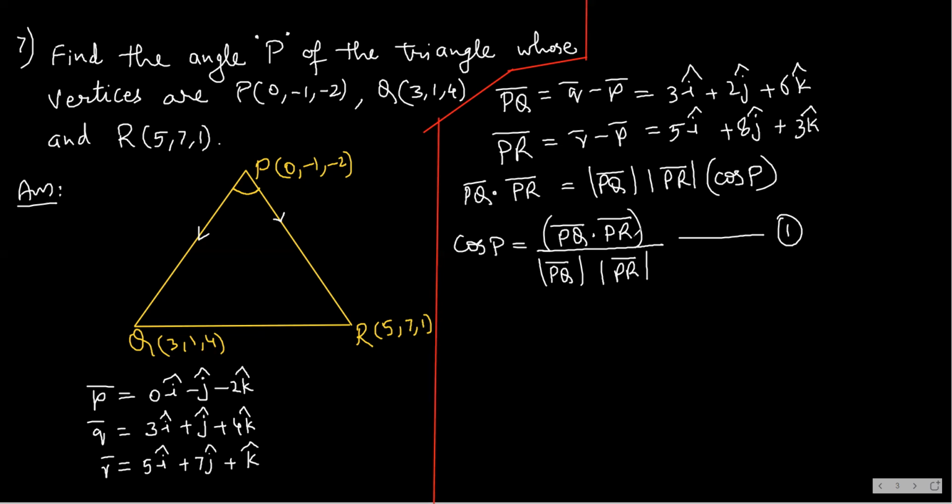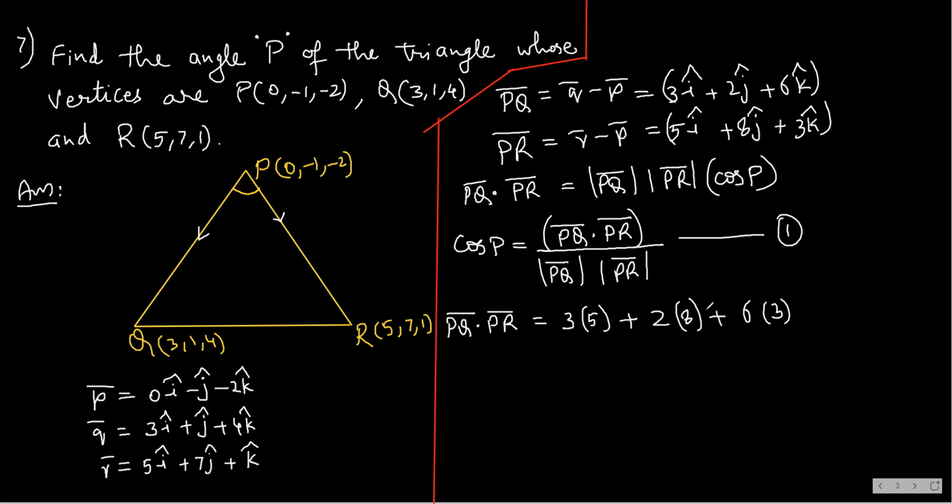So first let us find out PQ bar dot PR bar. PQ bar dot PR bar will be this dot this. Now you know what that is. It is 3 into 5 plus 2 into 8 plus 6 into 3.